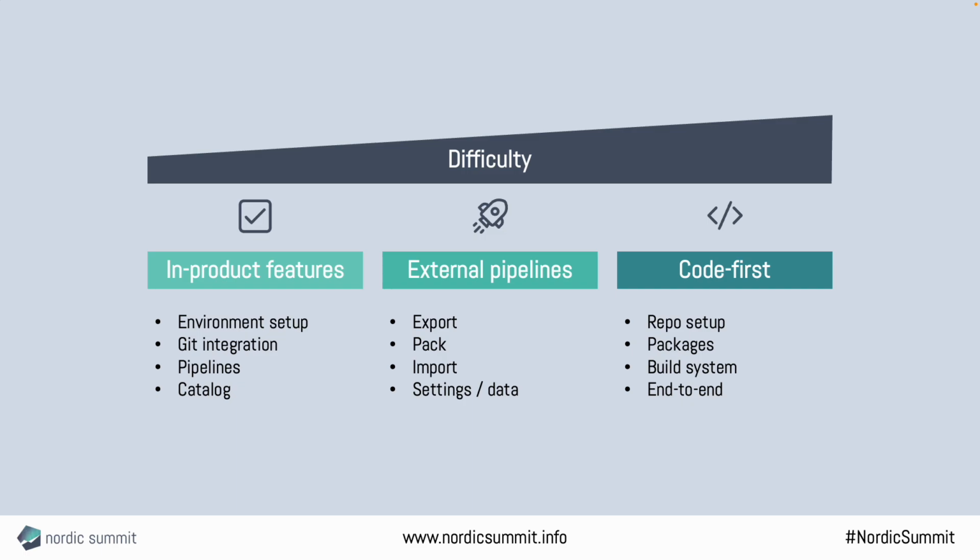So today, if you want to deal with moving your solutions around environments, you can pretty much choose from three approaches. You can either rely on in-product features, so you can use Power Platform pipelines, Power Platform catalog, Git integration, and you can do some stuff with that. If you feel like you need to start moving configuration data around, you want to use some post-deployment automation, you will start looking into GitHub or Azure DevOps, where you can run your own compute and your own scripts.